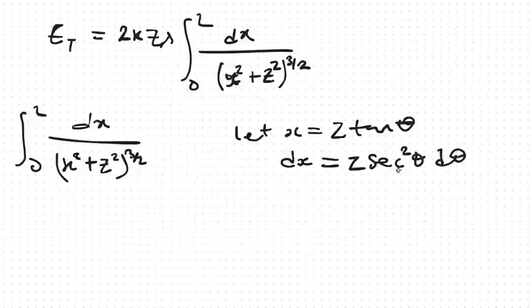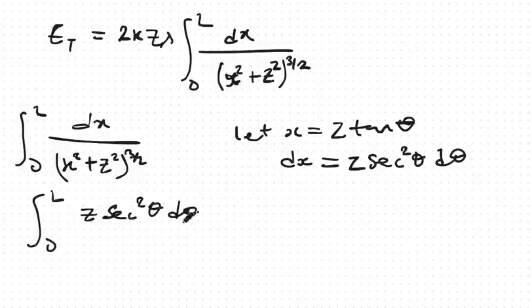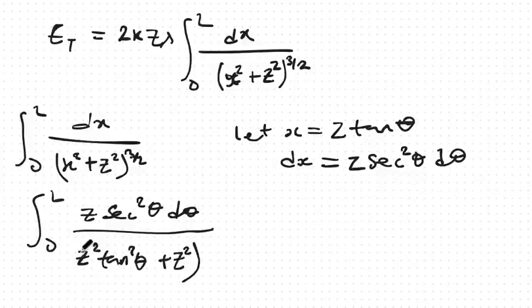So substituting this expression in the integration, we have the integral from 0 to L, then dx is z sec squared theta d theta, and x squared here should be z squared tan squared theta plus z squared, to the power 3/2. So in this case, we can decide to factor out z.